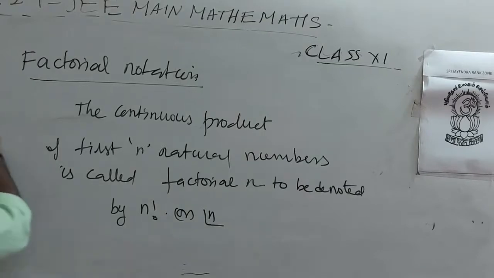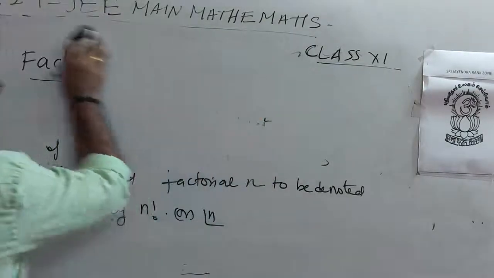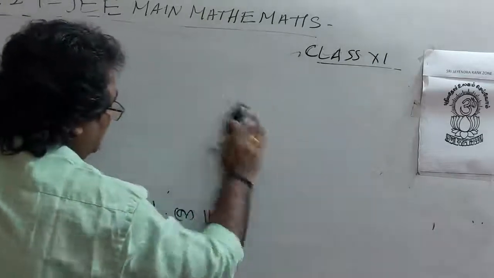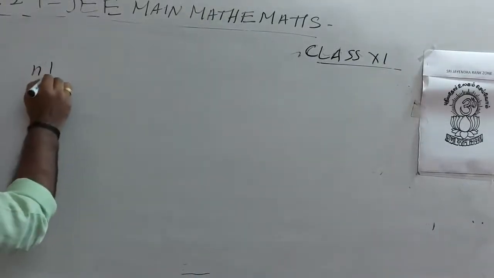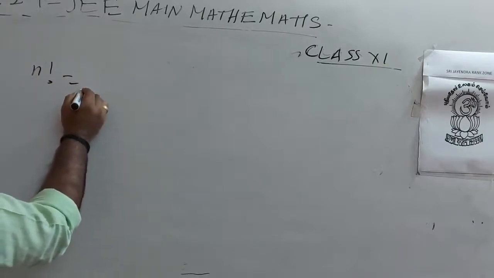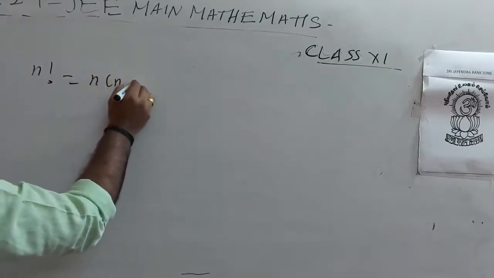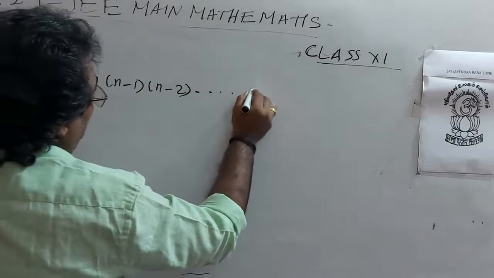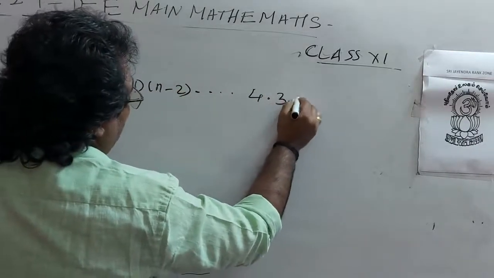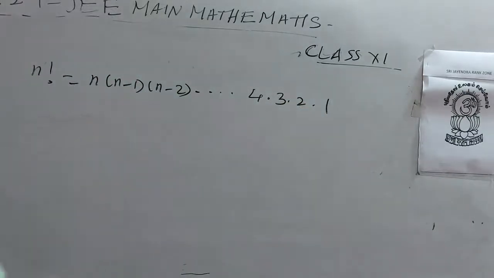For a negative number, the factorial is not defined. So n factorial means n into n minus 1 into n minus 2 up to 4, 3, 2, 1. Continuous product of first n natural numbers.